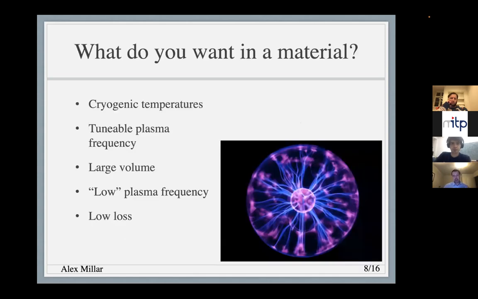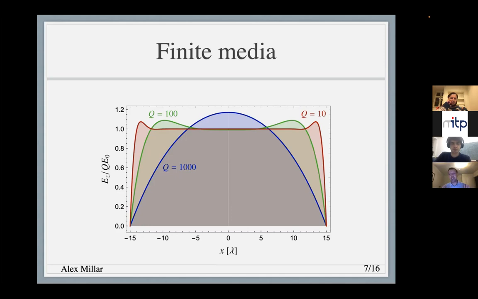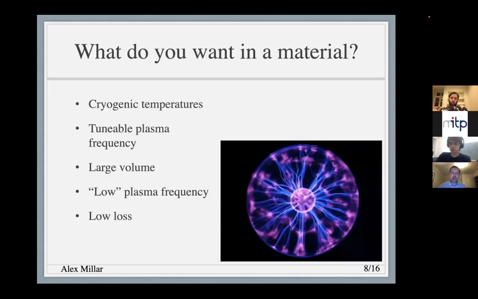This is just to convince you that if you do have an axion interacting with the plasma, you will potentially get an enhanced detectable signal. But what would you actually want in a material in order to make use of this?